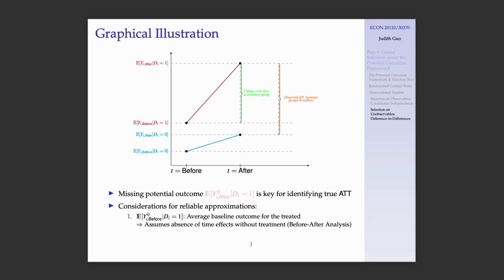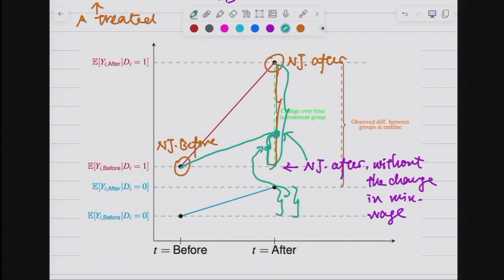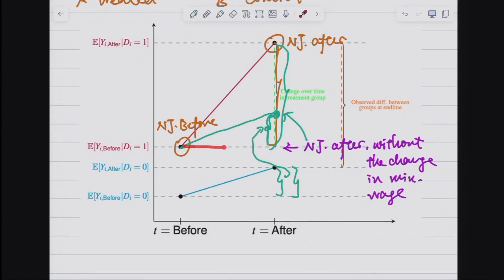Now, in the minimum wage example, we discussed that using the untreated self is not a good approximation, because that requires no trend over time. That requires that in the absence of the treatment, we need to have a horizontal line, which is unrealistic.